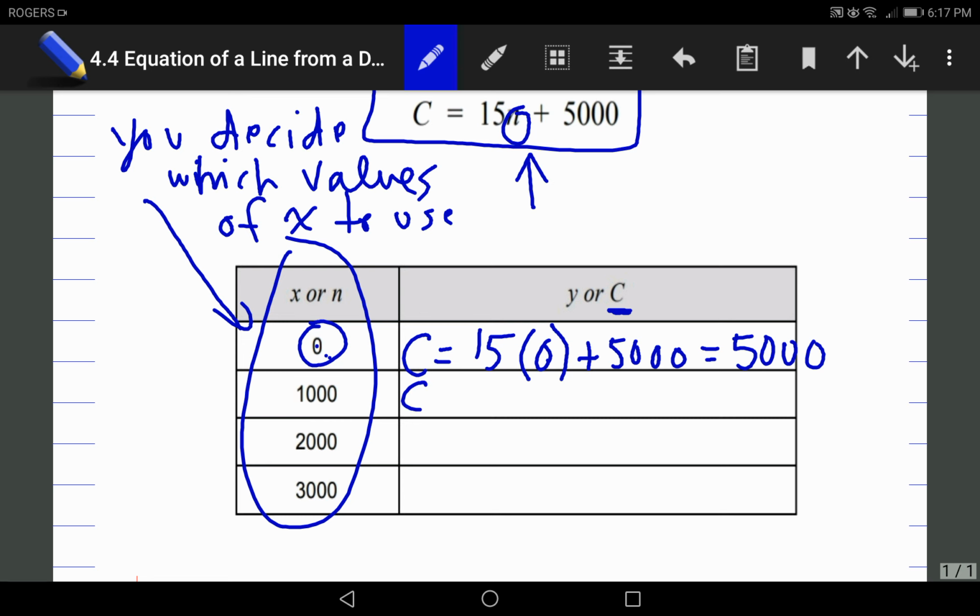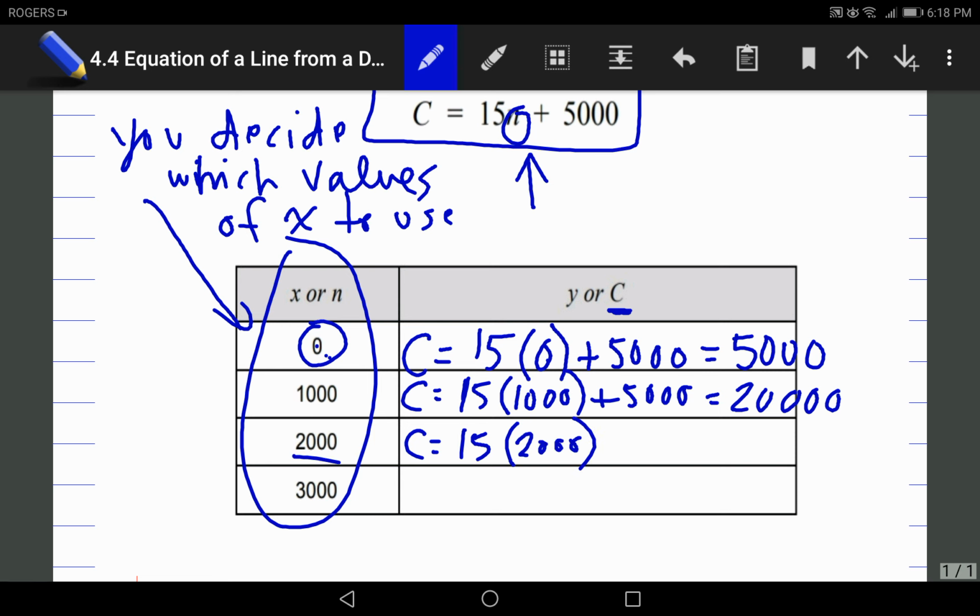Next, 15 times, this time it's 1,000 t-shirts, and then add 5,000. Okay, so 15 times 1,000 is 15,000, plus 5,000, I'm up to $20,000 in costs. Let's do this again. C equals 15 times 2,000 this time, right?